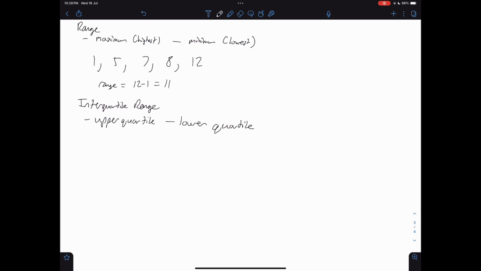And you would be right, because when you have a data set, this is your median, and the median of the lower half is going to be your lower quartile, and the median of your upper half is going to be your upper quartile. This is your max, this is your min.